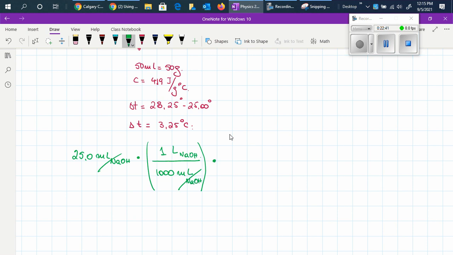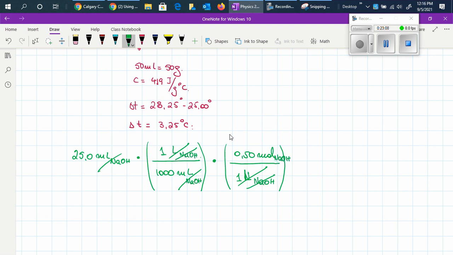Using the fact that we have a molar concentration of 0.5, we will say that in 1 liter of sodium hydroxide, we have 0.50 moles of sodium hydroxide. So 1 liter and 1 liter of sodium hydroxide cancel out.